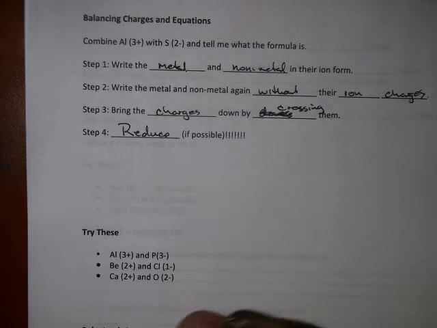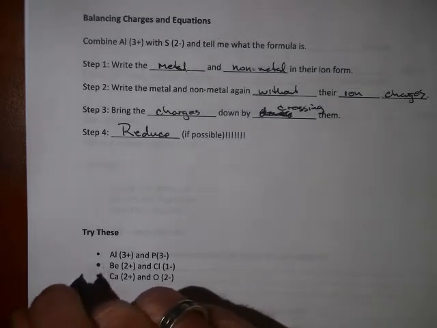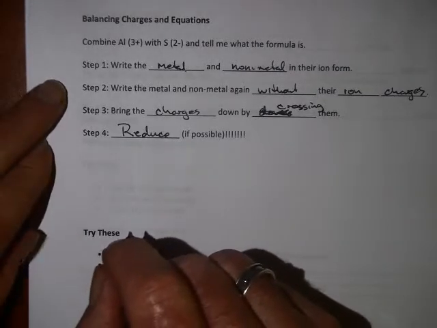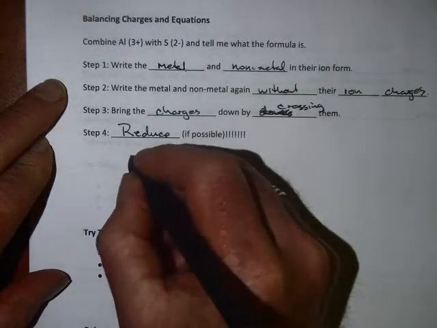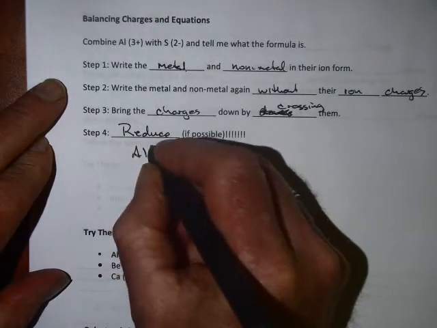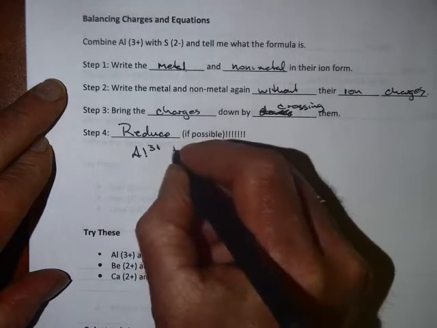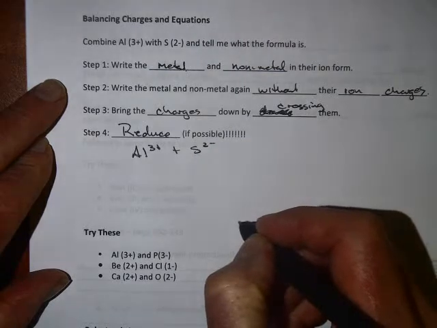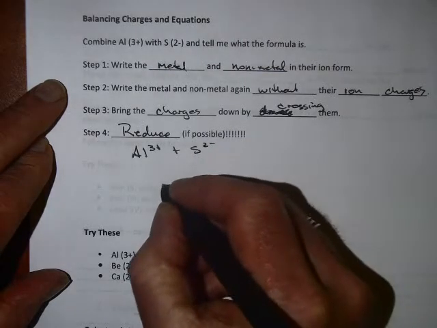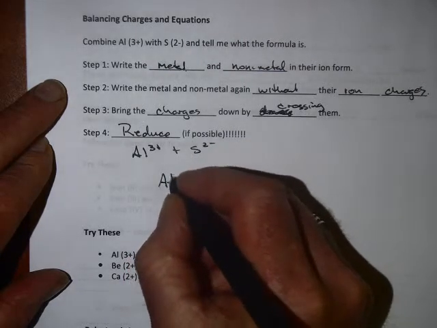Okay, I'm going to assume that you've paused, you've done this, and you've come back. So this is what you would have done. Step 1, I would have written like this: Al 3 plus, S 2 minus. I'm going to write them down here again.